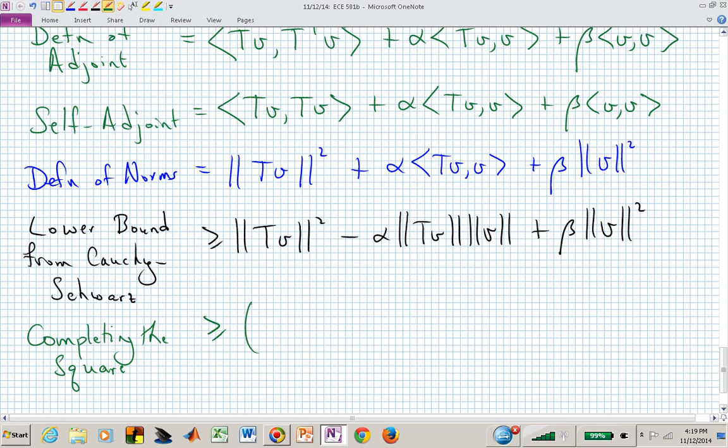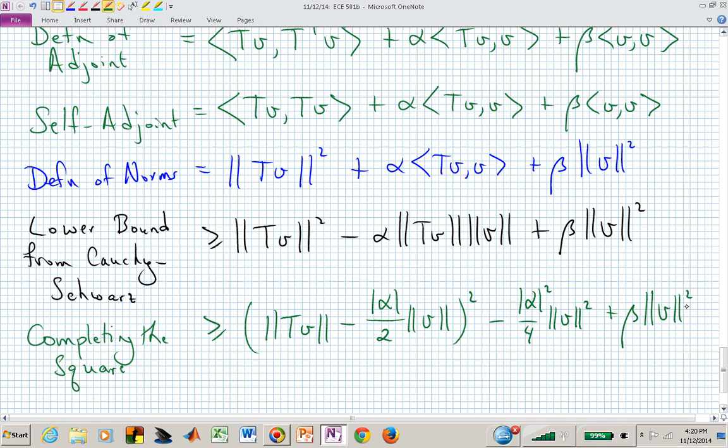We now have x squared, which we are writing here as the norm of tv, minus the absolute value of alpha over 2 times the norm of v, squared. Then we need to add, or actually subtract, alpha squared over 4 norm of v squared. That's the part of adding 0 in our completing the square, and now we just drop down the plus beta norm v squared.